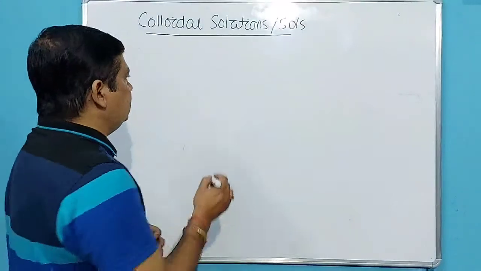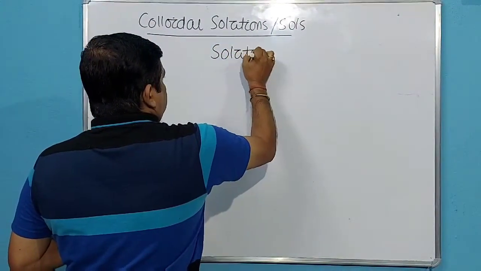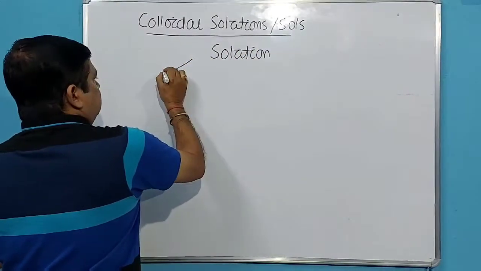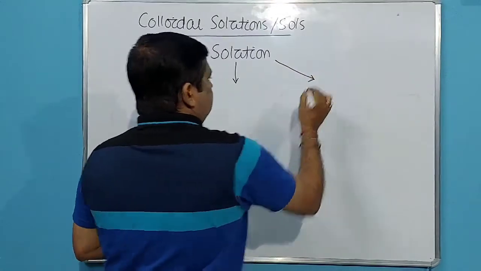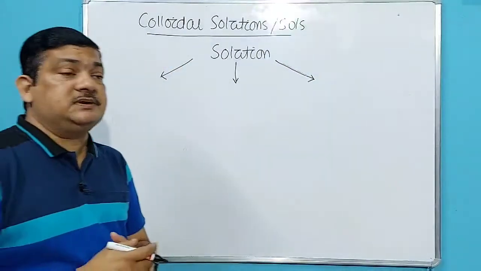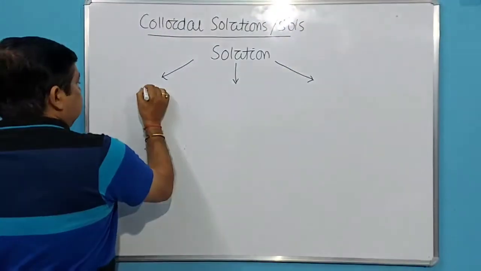So based on the particle size, I have already told you that solutions can be of three types. Based on the particle size of the solute present in the solution, they can be of three types. What are they?